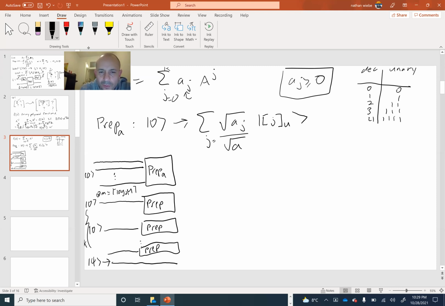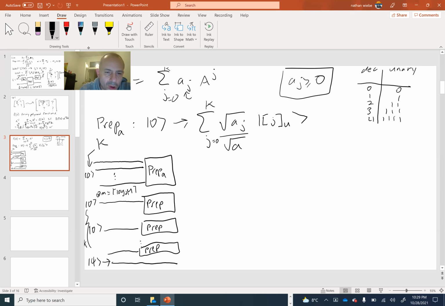And so if we've got a sum from 0 to k, then the total number of qubits that we're going to need to deal with this representation is k. Okay, so that's the basic idea behind it. So ultimately, we're going to need k times m plus 1 different qubits in order to be able to store this.